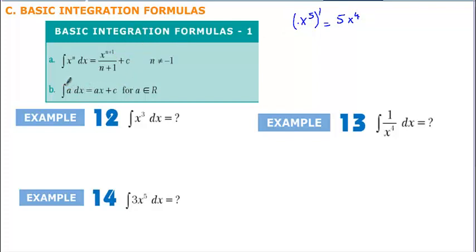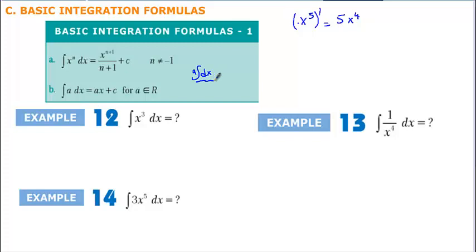And the second property: the integral of a dx is equal to ax plus c. If you remember, in the previous lesson we said that this kind of constant term can be written in front of the integral, so it's going to be a times the integral of dx.